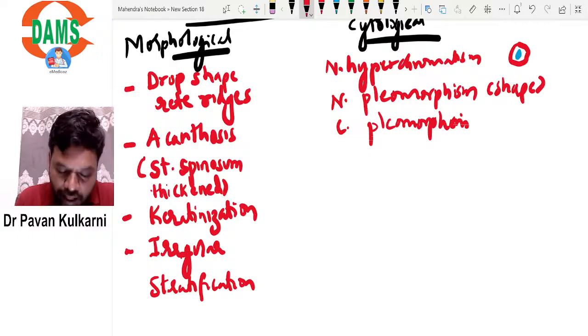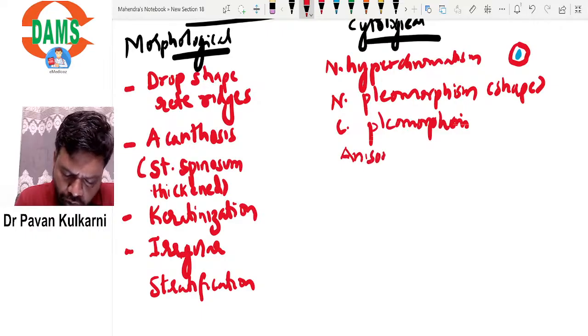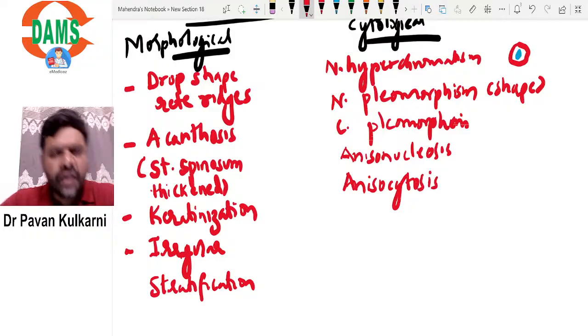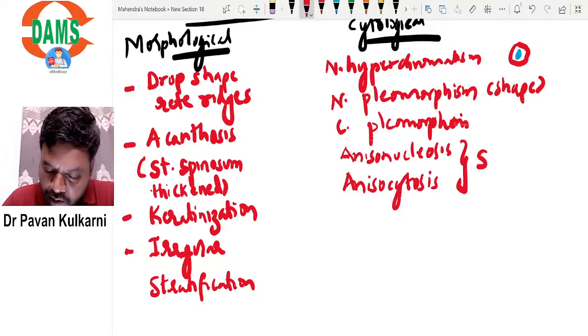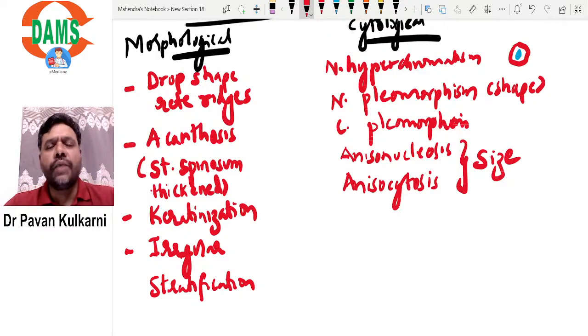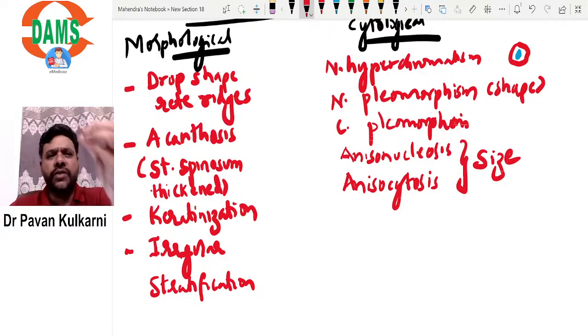Then anisonucleosis, anisocytosis. What is the meaning of this? Abnormal variation in cell size, nuclear size. Suppose one nucleus is large, one nucleus is very small.